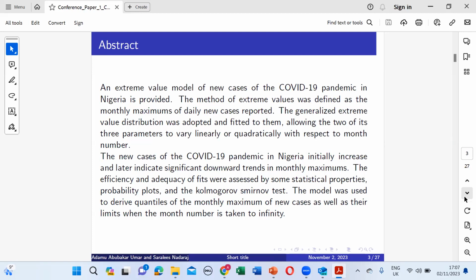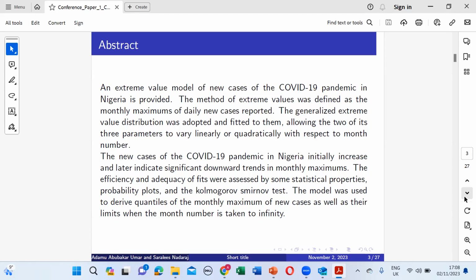The model is a generalization of three distributions, the Gumbel, Fréchet and Weibull. Using this distribution, the main purpose is to model extreme value data, which here are daily data of Nigeria from 2020 to 2023.